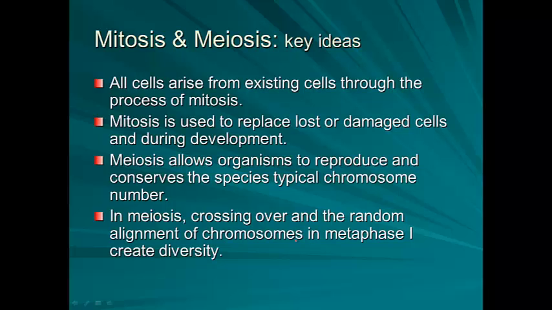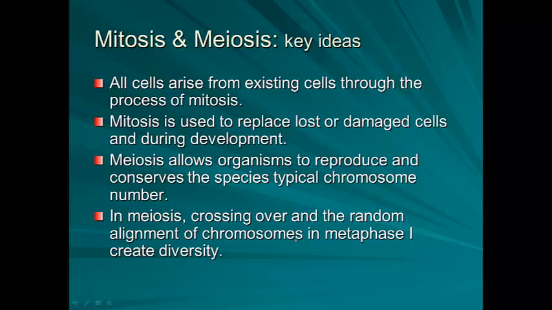Now, it's important to remember that it's important that both of these processes happen very precisely. Okay? That doesn't mean, however, that there aren't errors. Okay? These processes are prone to error.